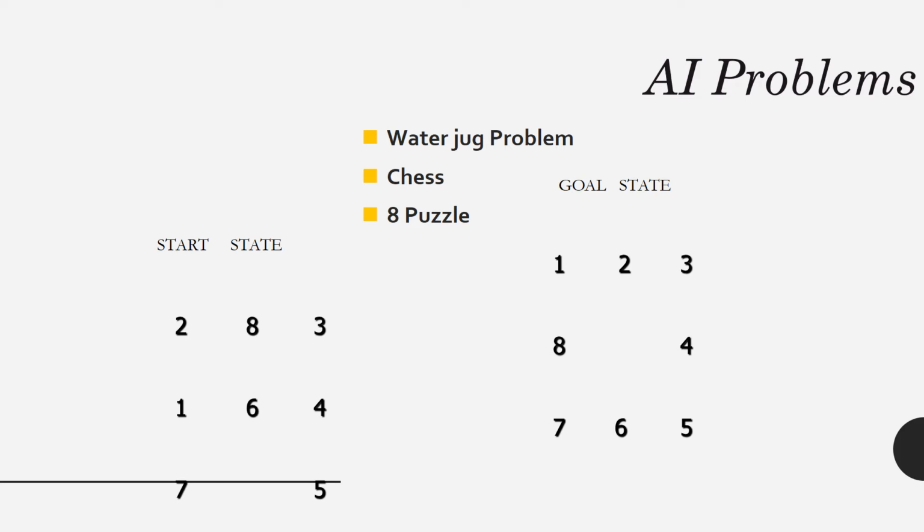A square tile can be moved either to the left or the right, or upwards and downwards. Only these movements are permitted. The initial state can be anything and the goal state is specified here. So from any start state you should be able to reach the goal state by moving the square tiles in the permitted directions.